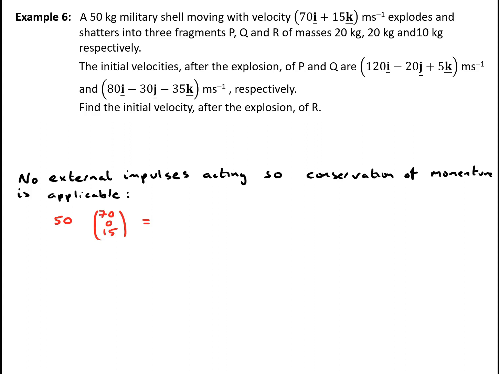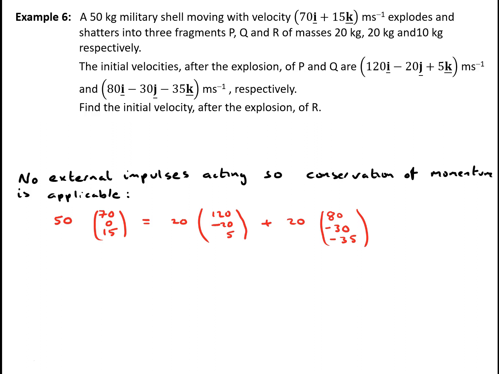The momentum after the explosion, well, first of all, we've got the mass of P, which is 20, times the velocity of P, which is (120, 0, -25). Then we've got the momentum of Q, and Q has a mass of 20 and a velocity immediately after the explosion of (80, -30, -35).